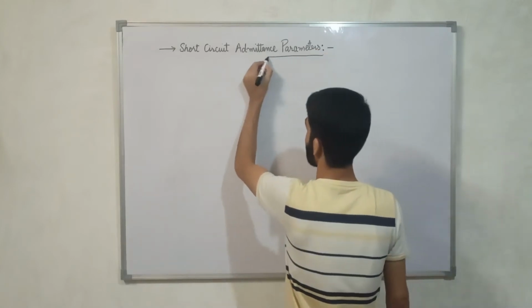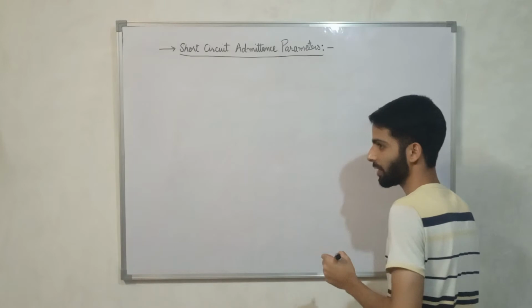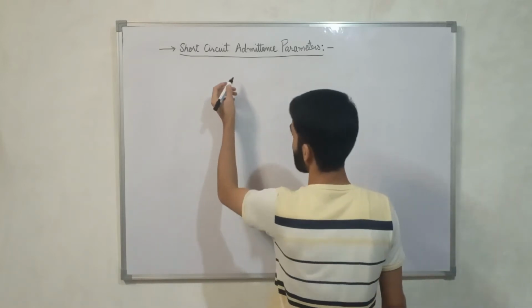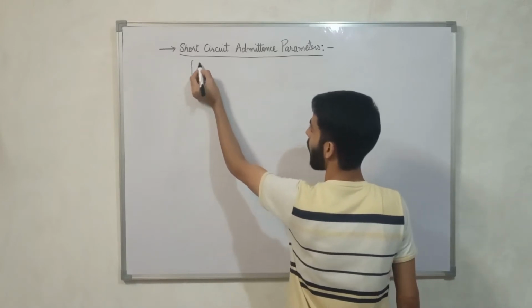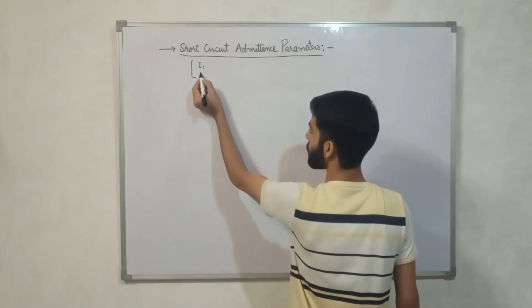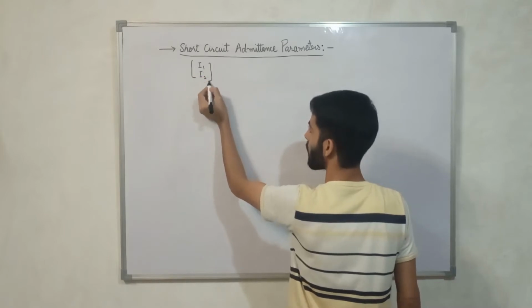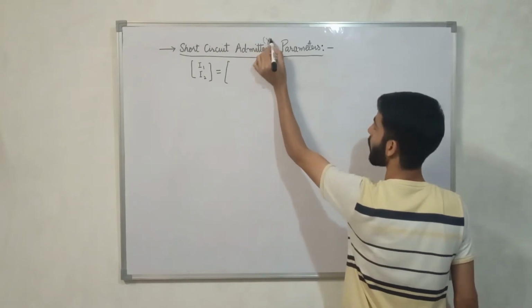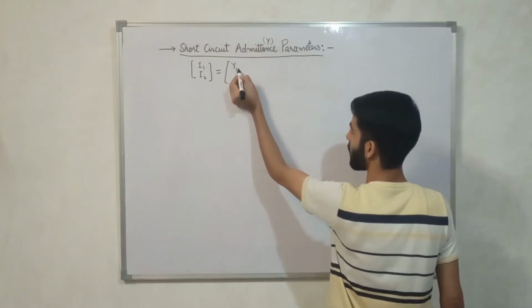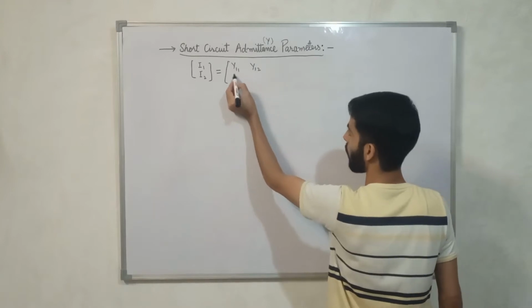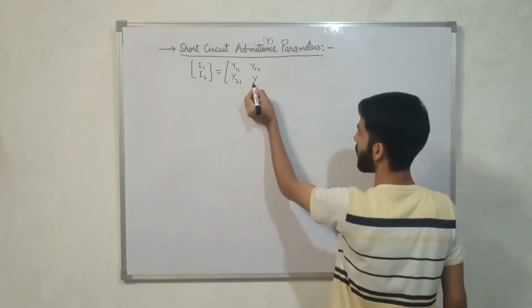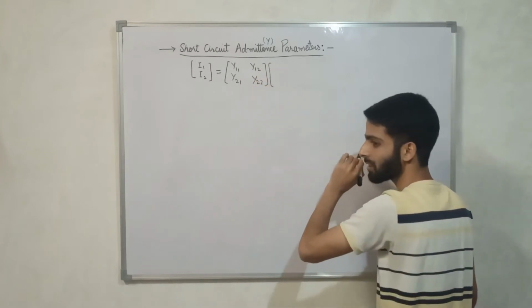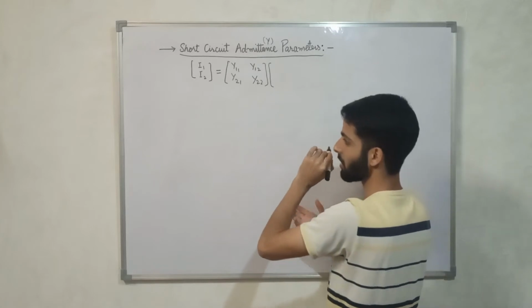We shall not make the diagram for the two-port network over again. We shall directly write the equation in matrix form. It is written like I1, I2 is equal to the matrix y11, y12, y21, y22 with the voltages V1, V2 of the input side and output side of the two-port network, as in the diagram from the previous video.